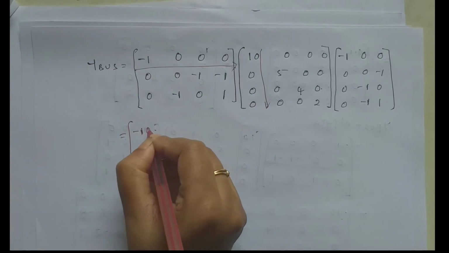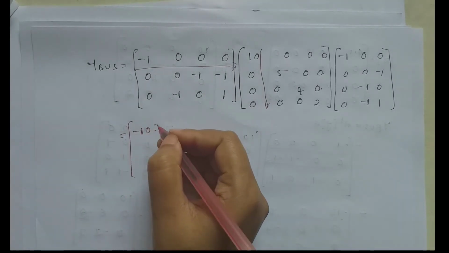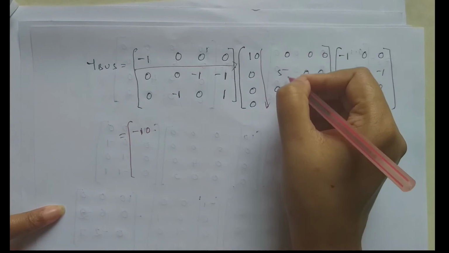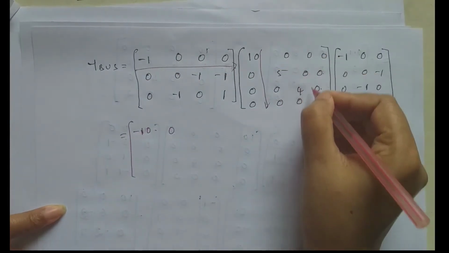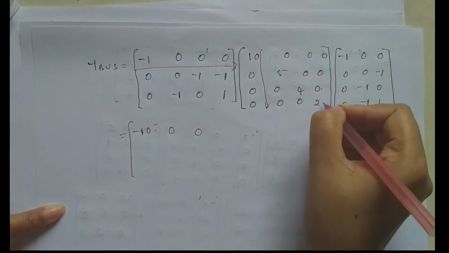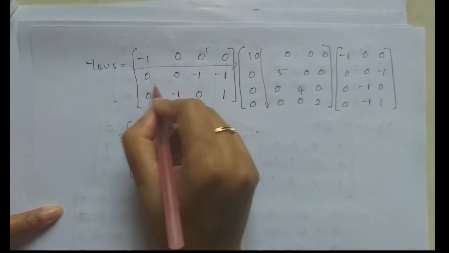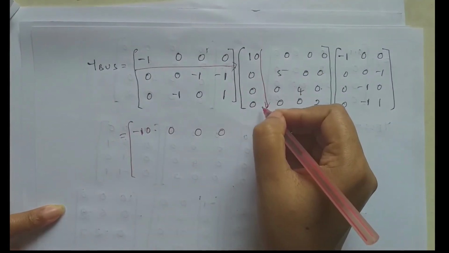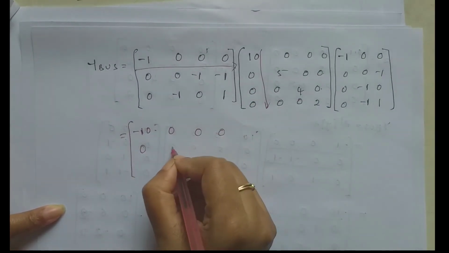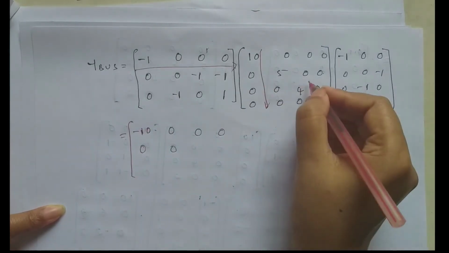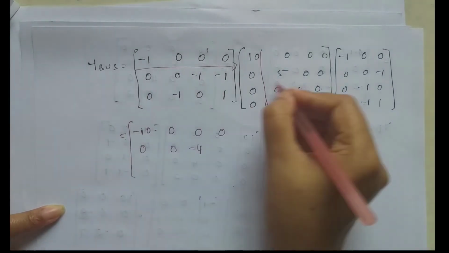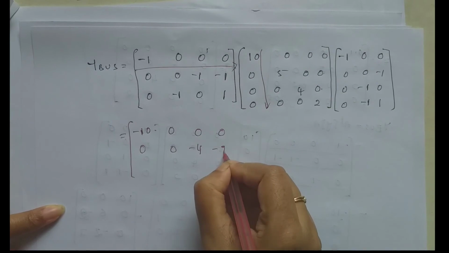The value will be -10, 0, 0, 0. Second row with first column: 0, 0, -4, -2.